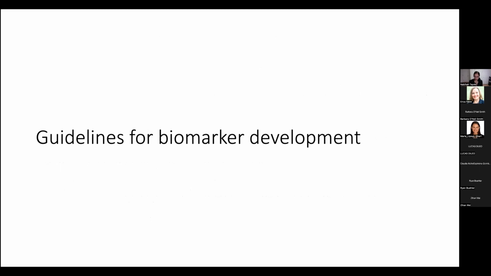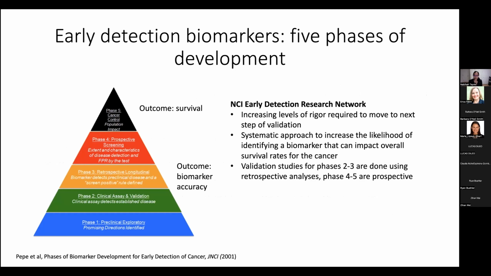Okay, so guidelines for biomarker development. In the various contexts, there have been a number of proposals for how we actually develop these biomarkers. Like I said, I've been involved in early detection, so I'm going to start there with some of the work that's been done to add rigor to this process.